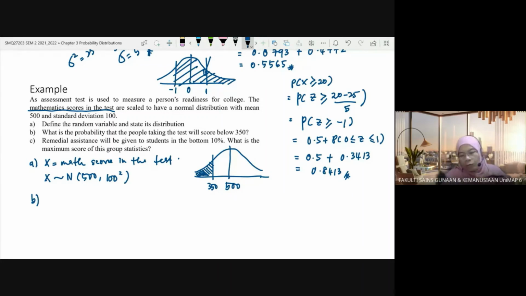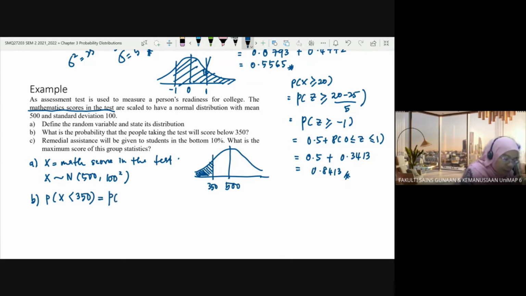Now how do we do that? Transform into standard normal. The first thing you need to write is P(X less than 350). Sometimes it will bring you half a mark or 1 mark for that. Then transform into standard normal.